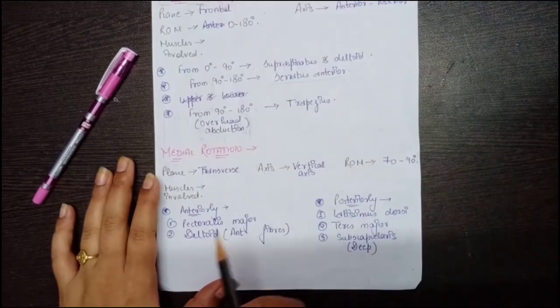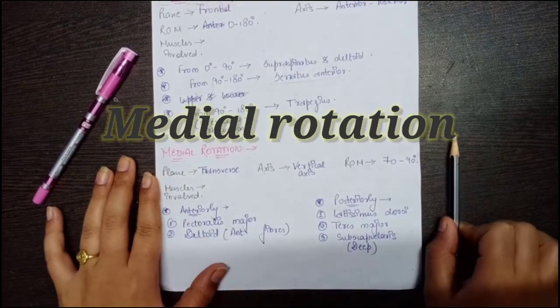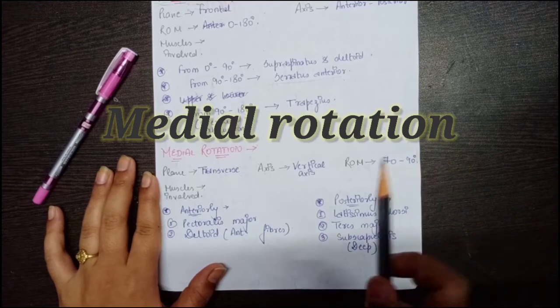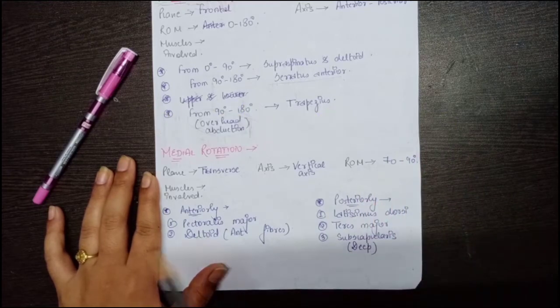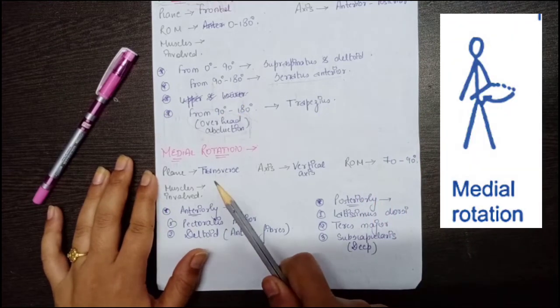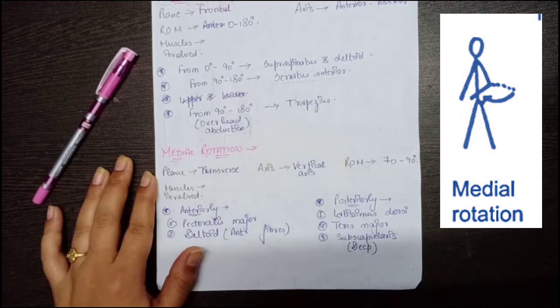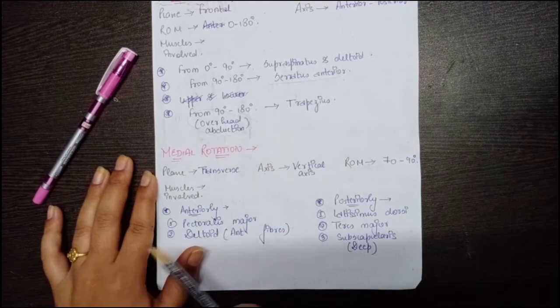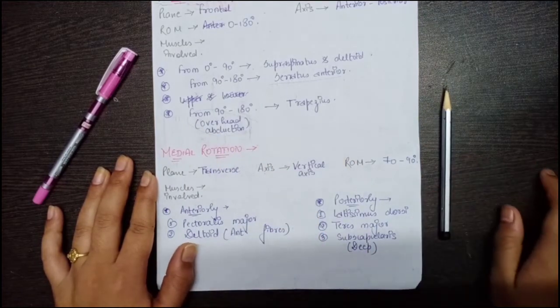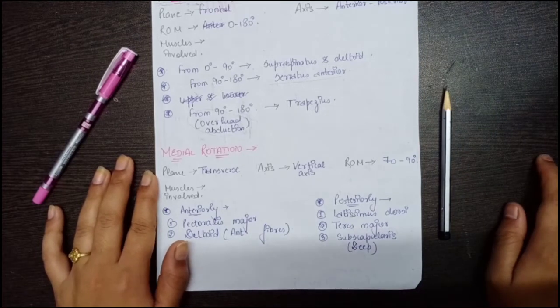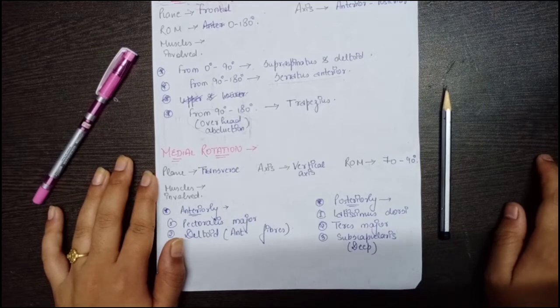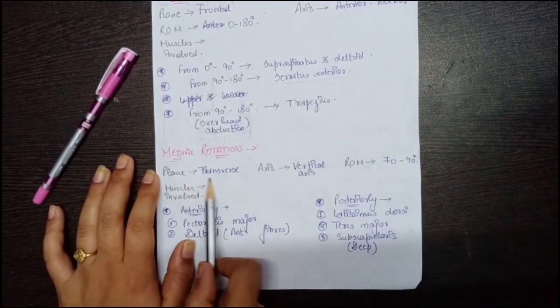Now let us talk about medial rotation. Medial rotation is also known as internal rotation. It is defined as a rotational movement towards the midline. The plane would be transverse plane.